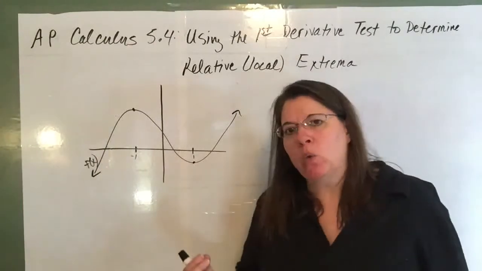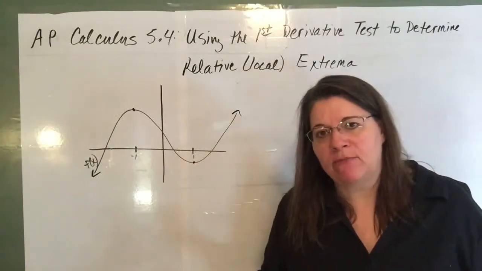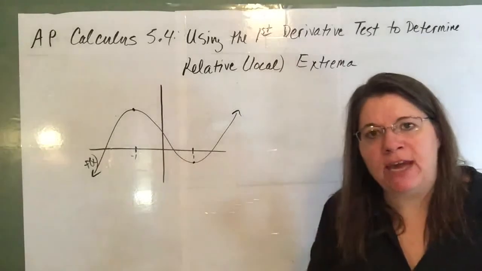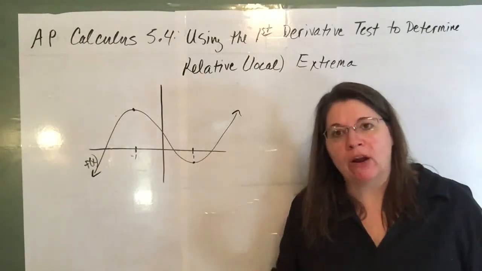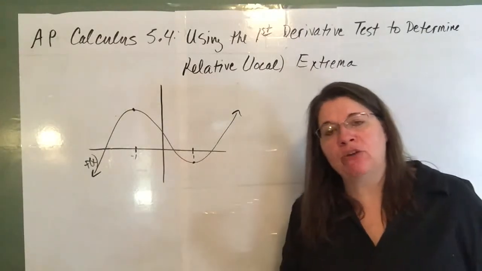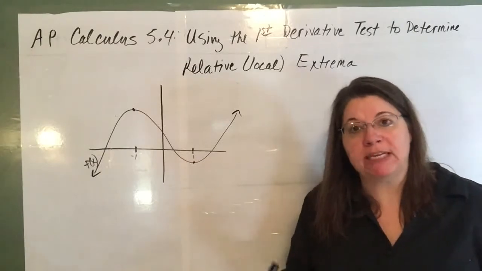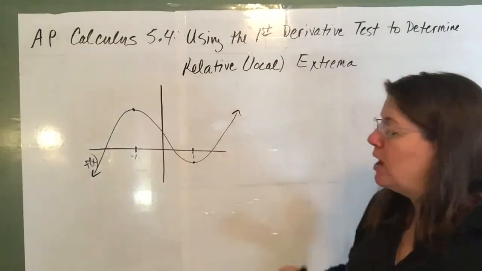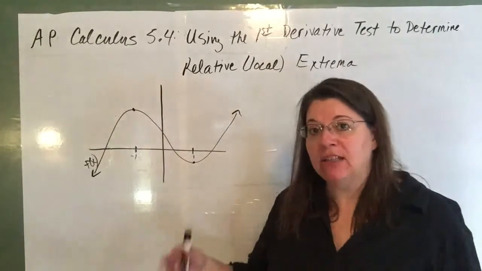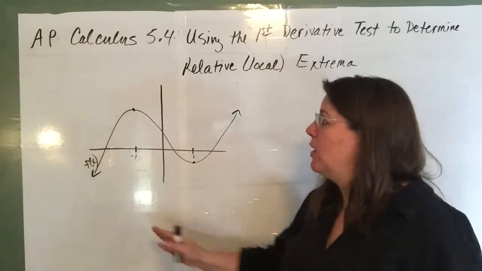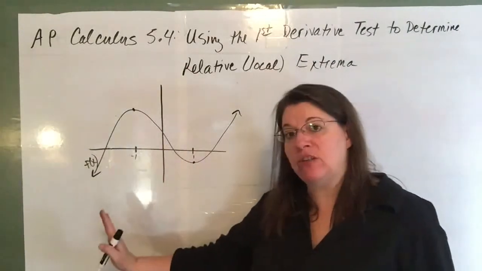To figure out where a function has a relative maximum or minimum, those are going to be the critical values where the function changes from increasing to decreasing or from decreasing to increasing. So algebraically or using calculus, we can find that based on anywhere a function changes direction.